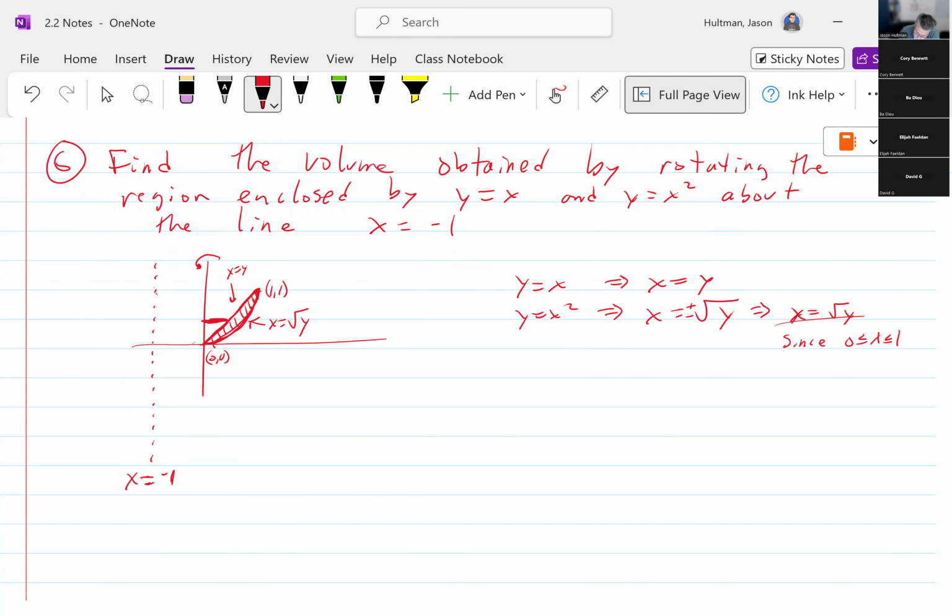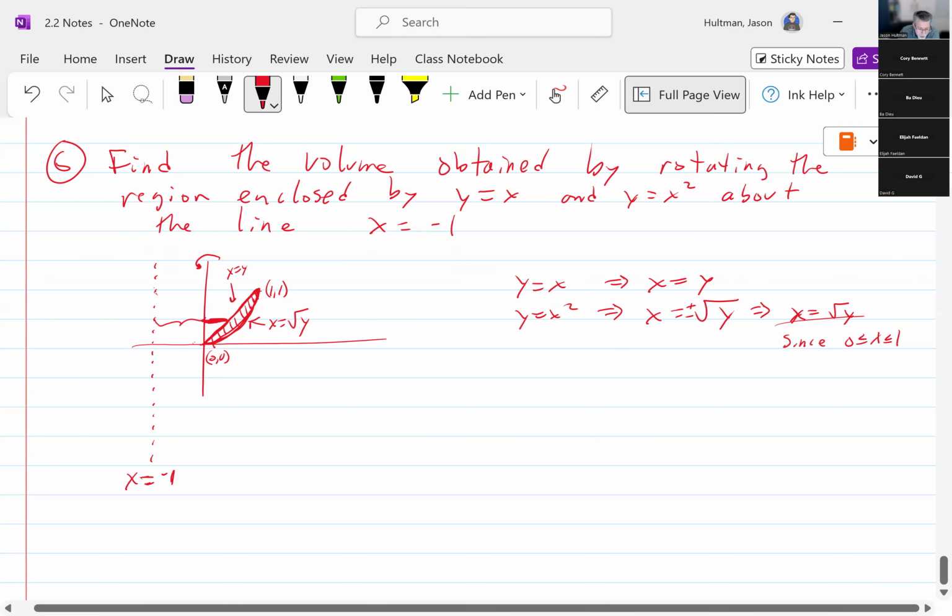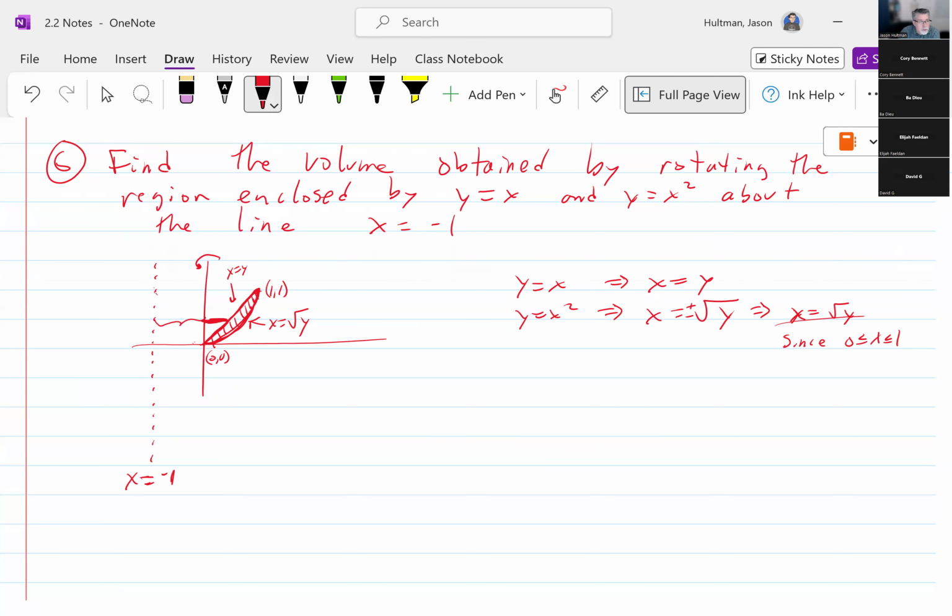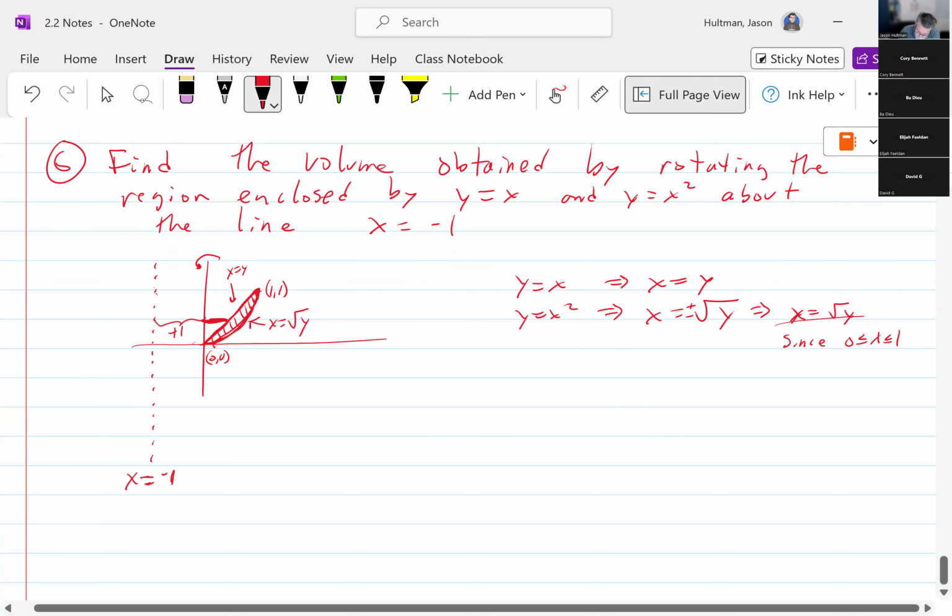But what do I need to do? I need to increase this by how much? 1 unit. So this is going to become 1 plus y as my radius. That's my inner radius, 1 plus y.